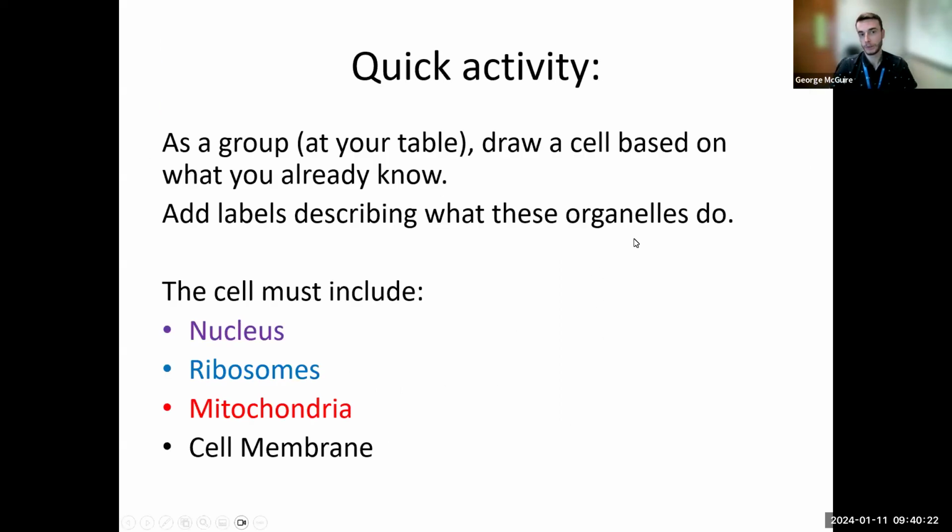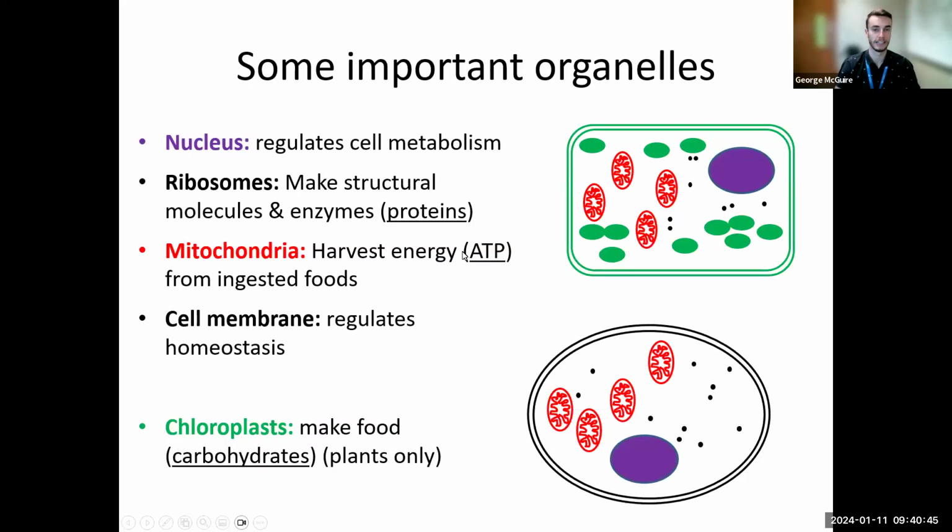And there's only a few organelles that we're going to focus on for the purposes of this course specifically, since we are really just looking at human nutrition. And so we're really focused on animal cells. And there's just these 4 main organelles that are present in all eukaryotic cells that you need to be aware of as far as how they function, because they'll impact what we talk about in this course.